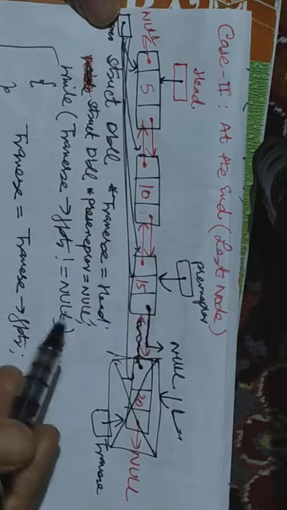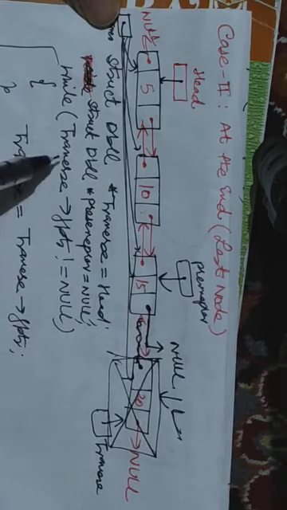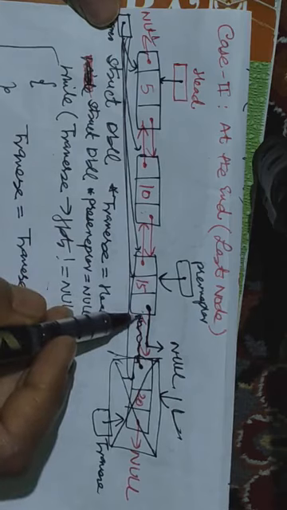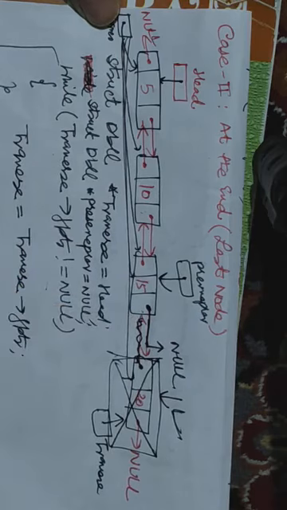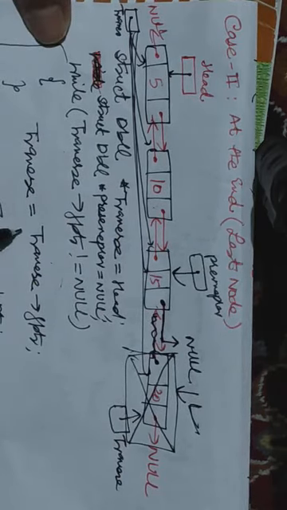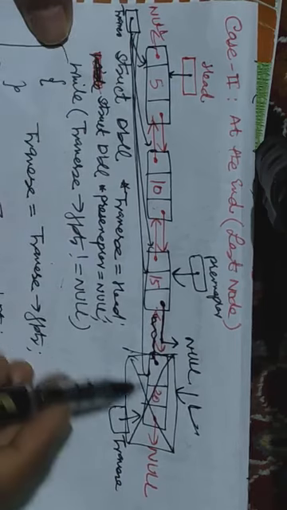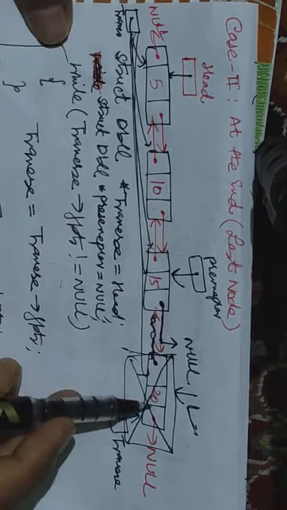So again in the next iteration this condition will be checked, is the fptr of this node pointing to null? No, it's not. So again this statement will be executed, so with the help of this statement this traverse pointer now points to the last node, right?